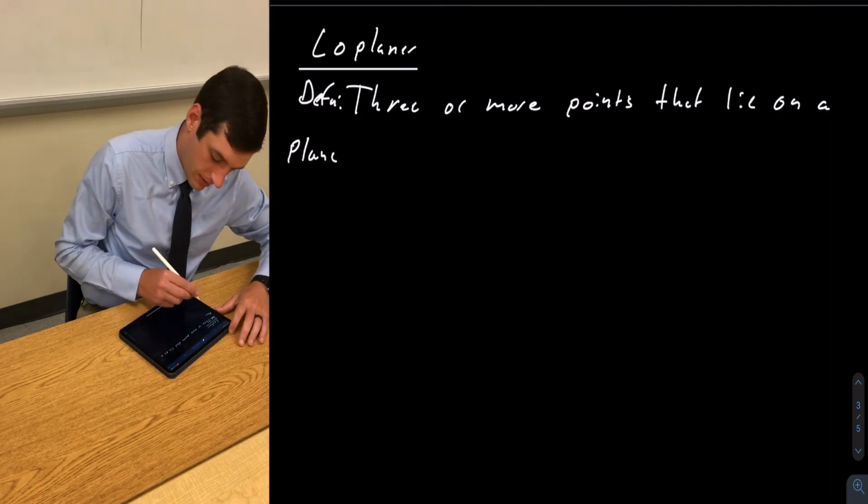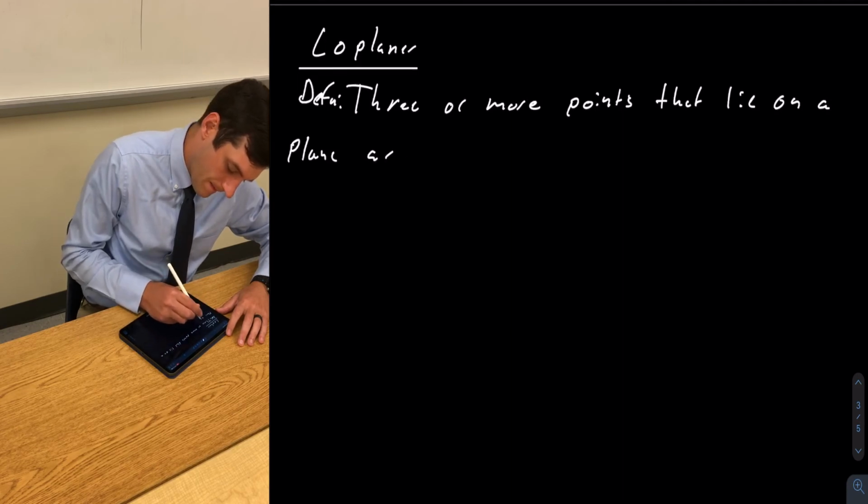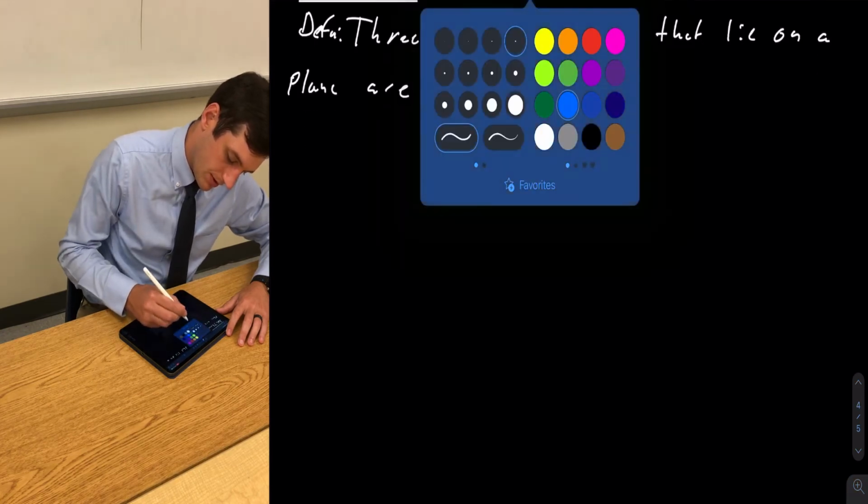Sorry about that. Three or more points that lie on a plane are coplanar. Okay, so what would that look like? Let's draw an example.